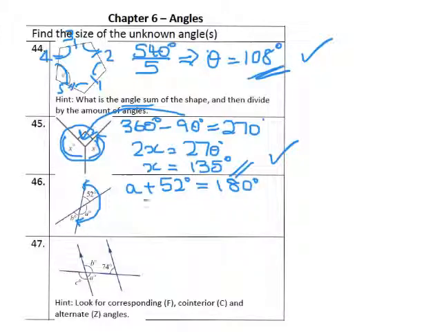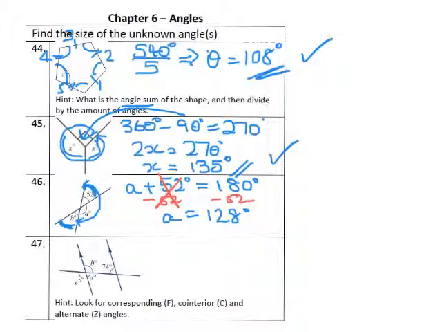So if we use our equation techniques and say, let's get rid of that 52 by subtracting and cancelling, we get an answer of A equaling 180 minus 52, which is 128 degrees.